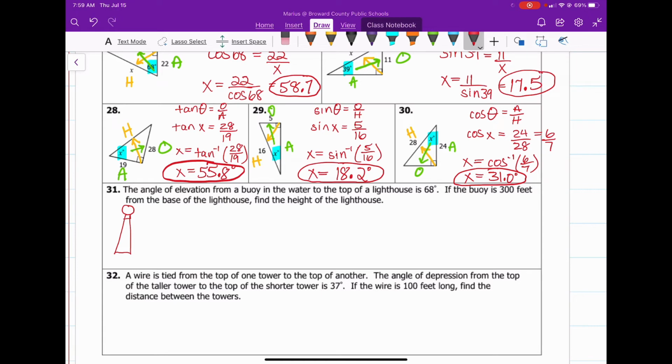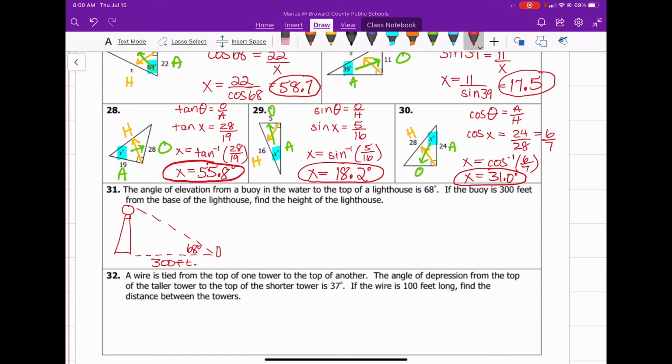And there's a buoy over here in the ocean that is 300 feet away. And the angle of elevation of the buoy looking back is 68 degrees.